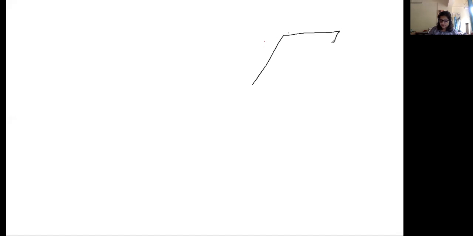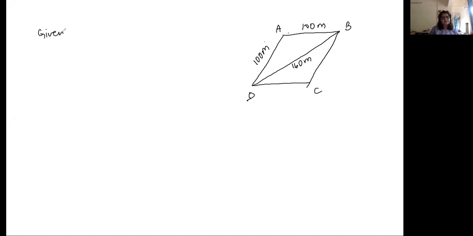So you've got the rhombus here. And this is what is given. The measurements are given. Side is 100 meter. This side is also 100 meter. And diagonal is 160 meter. Label this A, B, C, D. Then always note down whatever is given.